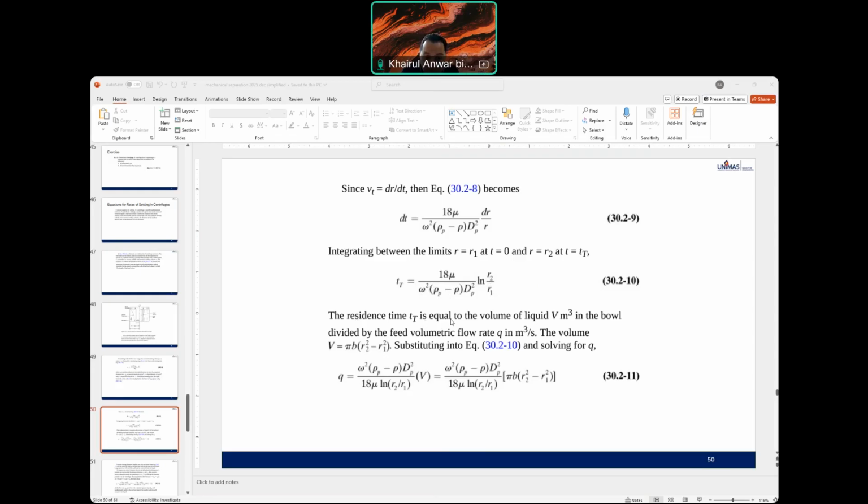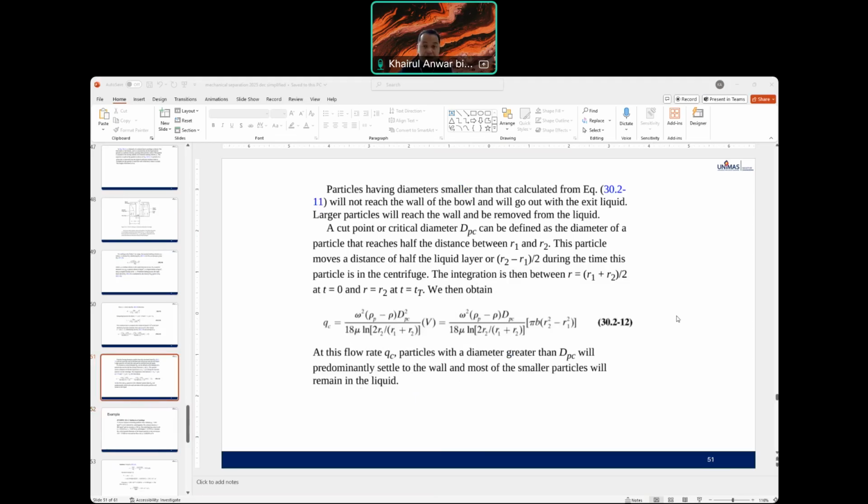So the residence time Tt is equal to the volume of liquid V in the bowl divided by the volumetric feed flow rate Q, in meter cube per second. The volume V equals pi b (r2 squared minus r1 squared). Substituting into equation 30.2-10 and solving for Q, then we get 30.2-11 to determine the volumetric feed flow rate.